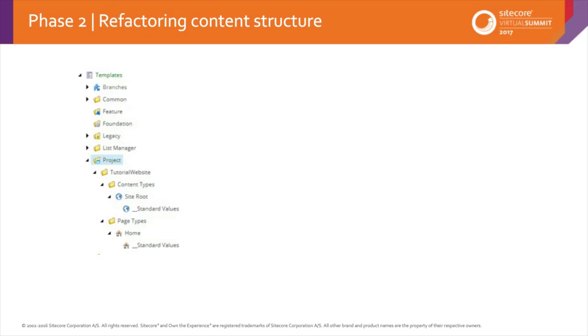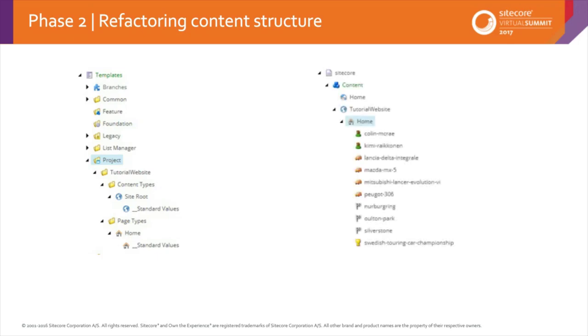Under templates, made a tutorial website project. A tutorial website module that has a site root item under content types and a new page type home. And then I actually copied the home item and changed the template on it, and then moved it down here.